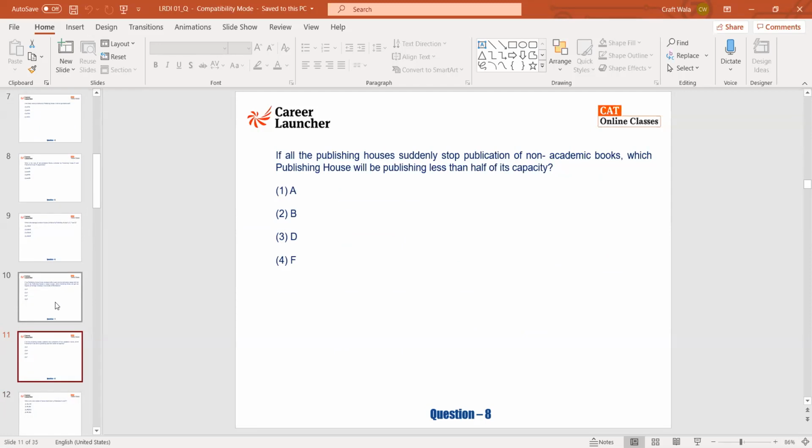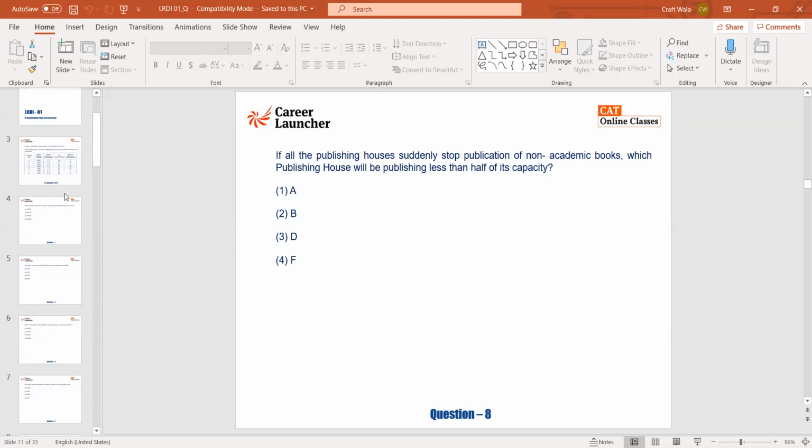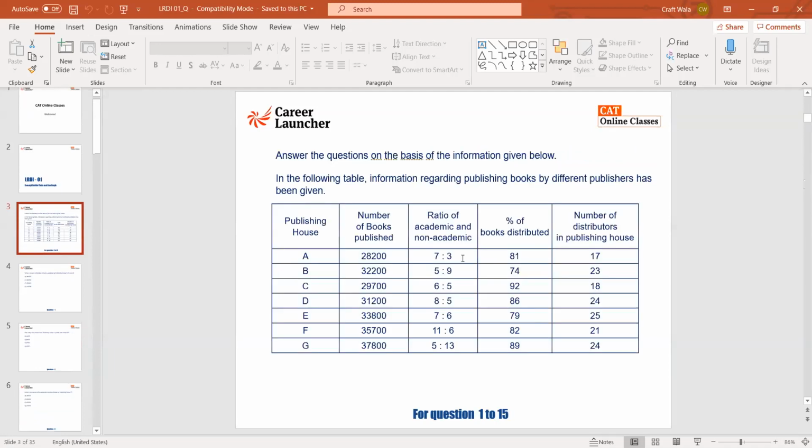So when I look at the academic to non-academic ratio, more than half of the books that I publish should be non-academic. So I have to check between A, B, D, and F. So let's see. A, non-academic is only 3, not more than half. B, yes. B, 5 and 9 are non-academic. So B will be severely impacted.